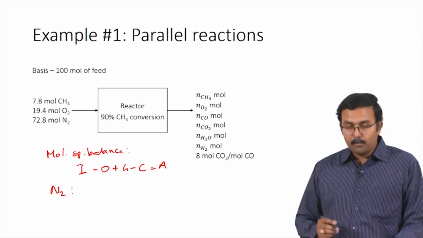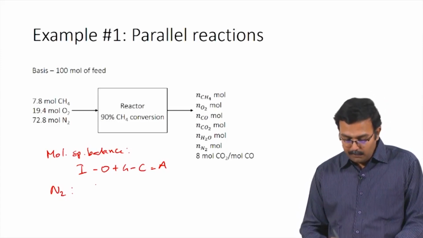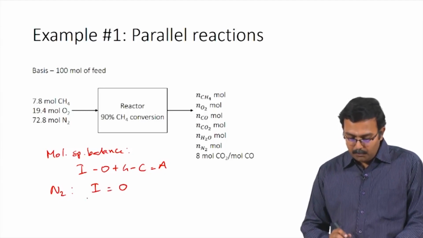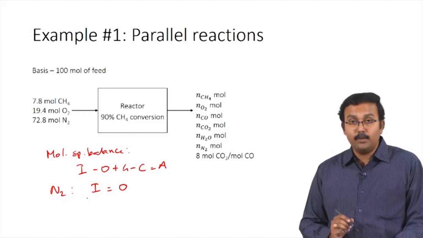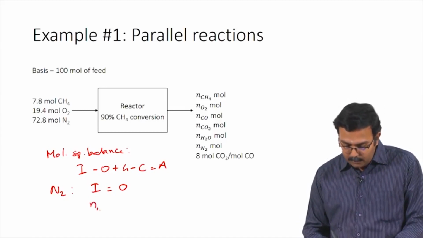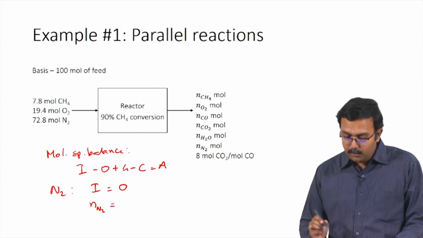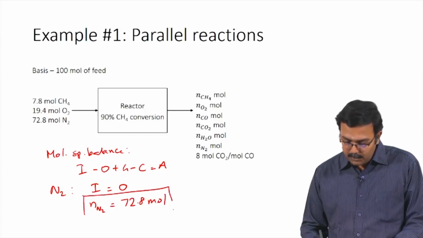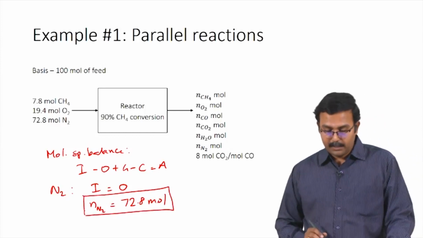At steady state accumulation will also be equal to 0, giving you input equals output. The input moles of nitrogen is known as 72.8 moles. So, based on that, N2, the number of moles leaving through the product stream, would also be equal to 72.8 moles. This gives you the first piece of information.